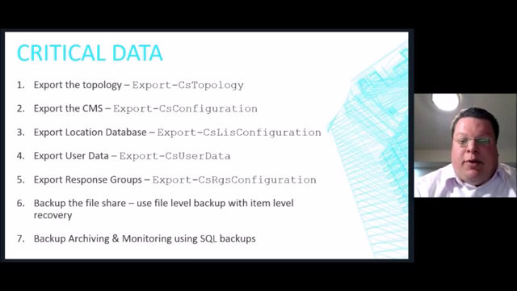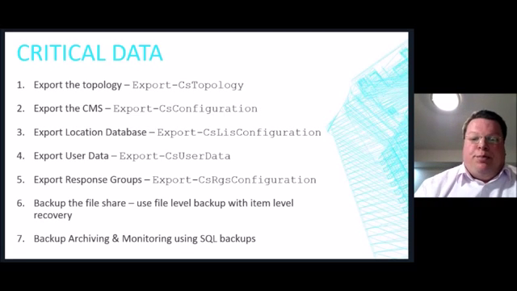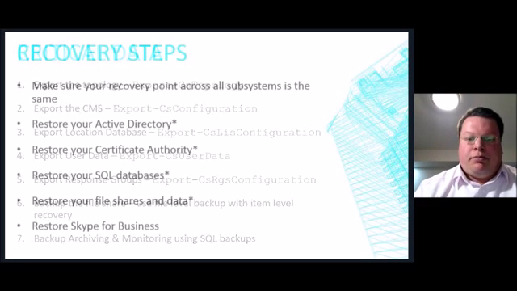Then the CMS, we can do that through the Export-CsConfiguration cmdlet, and that will export the data within the CMS database from the back-end server to a zip file, and inside that zip file will be an XML document containing that data. And again, we can go through location databases, user data, response groups, and when we get down to file share and archiving and monitoring, we can use native backup technologies for both roles.